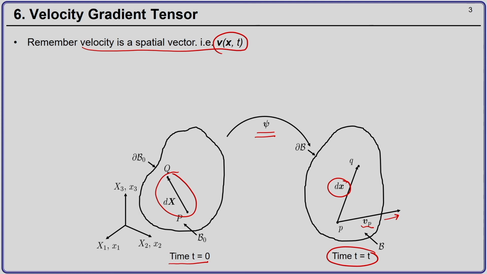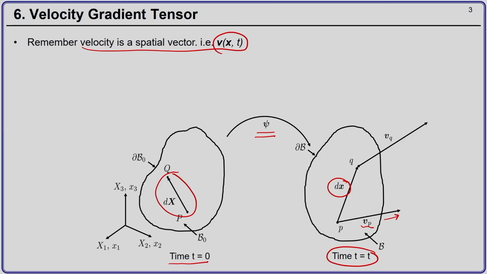So, the velocity of point P in the current configuration is V_p. Similarly, the velocity vector of point Q will be V_q. The direction of velocity at Q need not be the same as the direction of velocity at P. So, we can draw a vector at Q parallel to the velocity vector at P, which is V_p, shown by the dotted line.